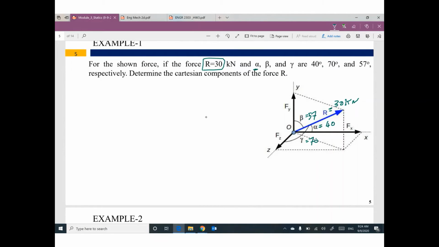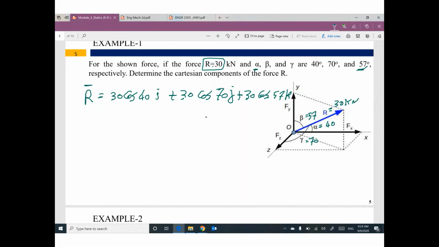Okay, R as a vector equal 30 cosine alpha 40 I plus 30 cosine beta, I'm sorry, 70 J plus 30 cosine gamma, which is 57 K.